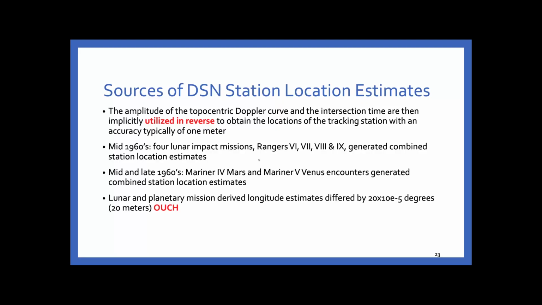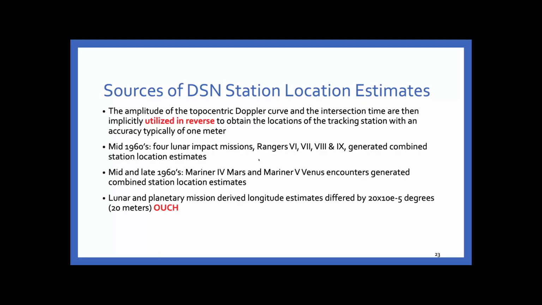Mariner 5 had a Venus encounter, and we estimated the station locations from those planetary encounters because the planets defined the right ascension and declination of the spacecraft at that time. And based upon the signature in the tracking data from that, this reverse process gives us station locations.